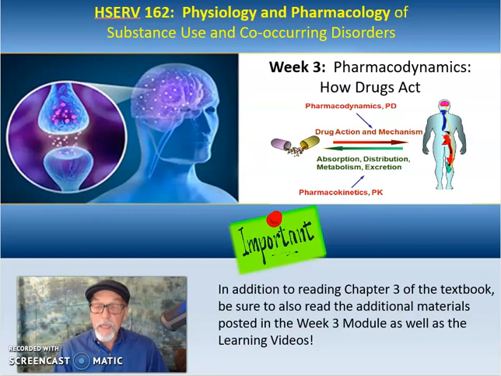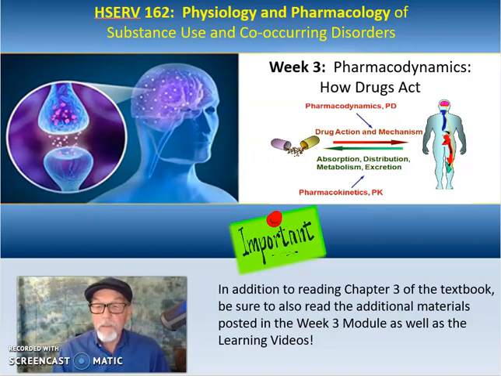According to our textbook, there are 3 types of cell membrane spanning proteins that most drugs will interact with. The first type is a receptor. These receptors are types of cell membrane spanning molecules that interact with endogenous neurotransmitters. Now, endogenous means from within. Exogenous means from without.